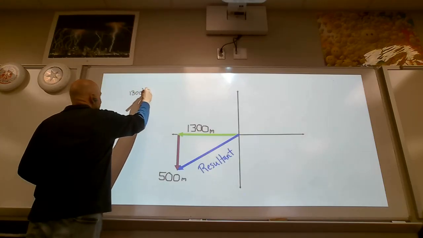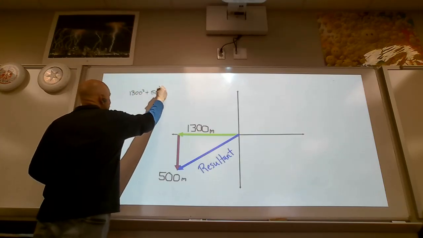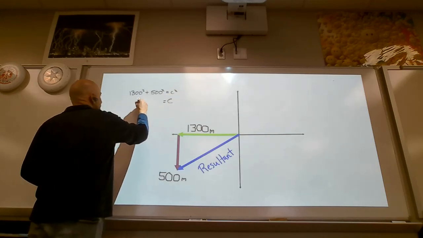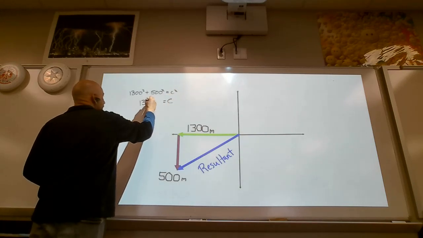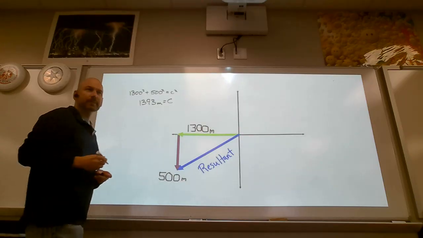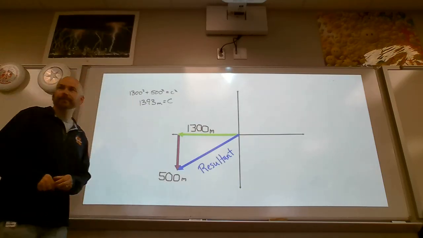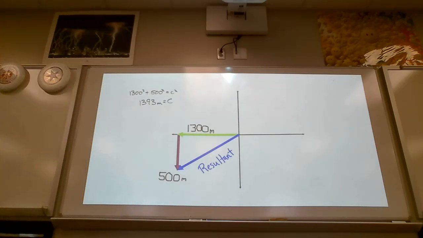So Pythagorean theorem: A squared plus B squared equals C squared. C ends up being 1,393 meters. Good? So that's how far you got away from where you started if you did 1,300 meters west and 500 meters south. Good with that?